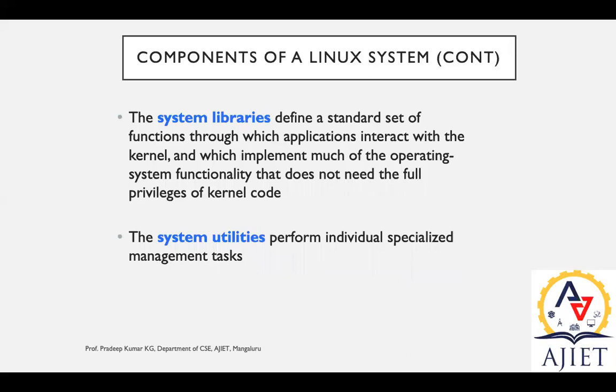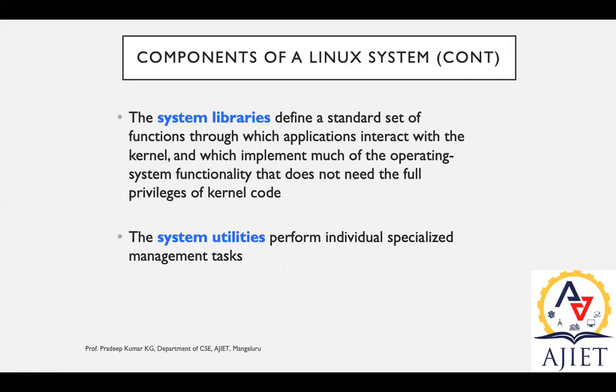System libraries define a standard set of functions, as we discussed. These may include built-in functions and system calls, so that applications can interact with the kernel without needing the full privileges of kernel mode.